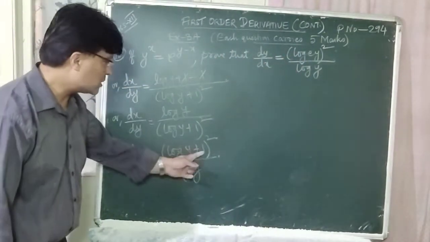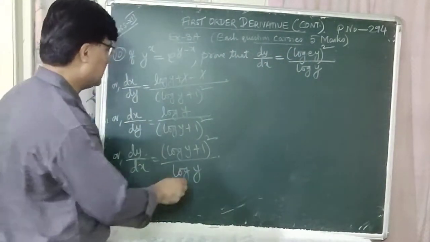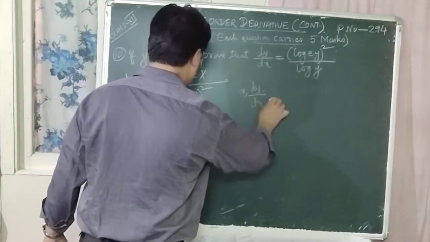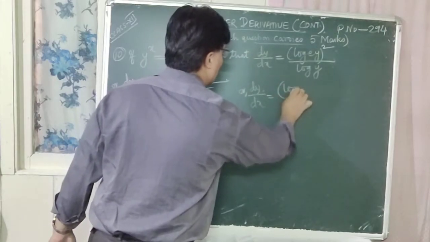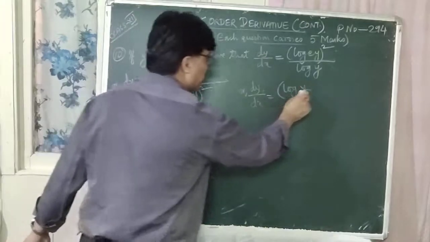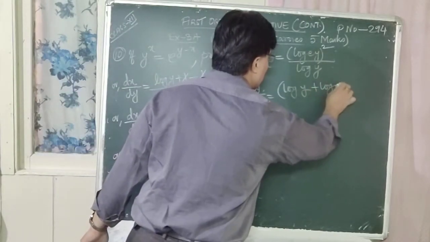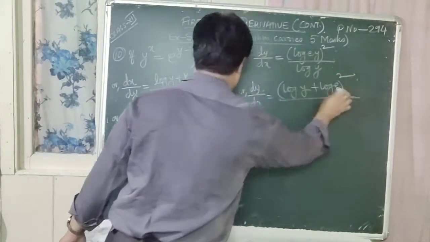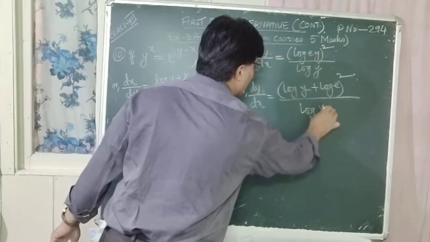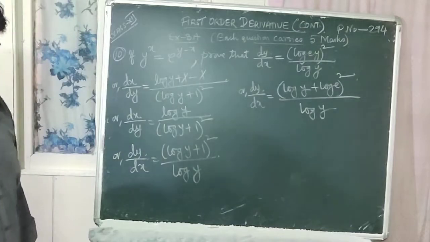Instead of 1 you write log e, or dy by dx is equal to, log y is there, isn't it? Plus, instead of 1 you write log e, bracket closed whole square, divided by log y. Is that clear to all of you?